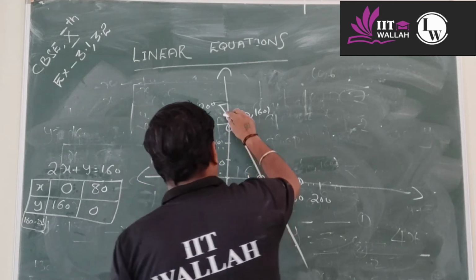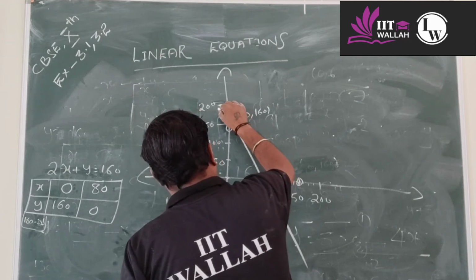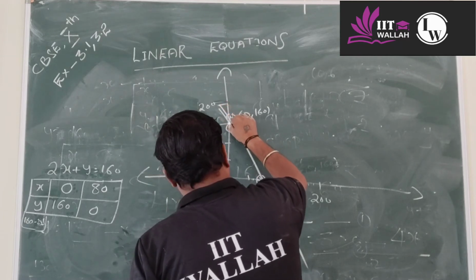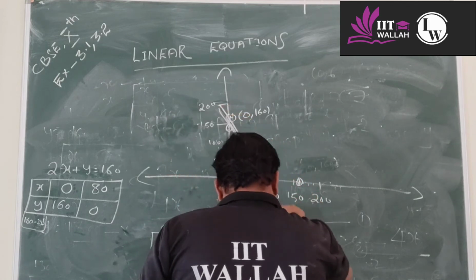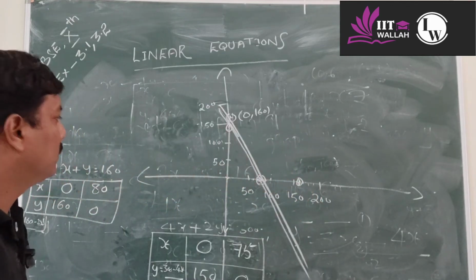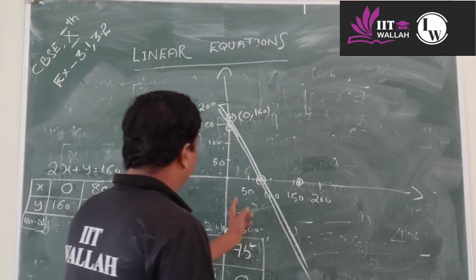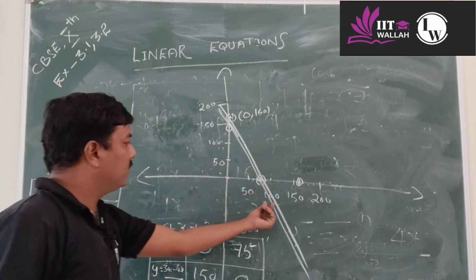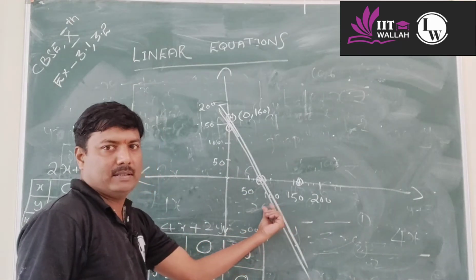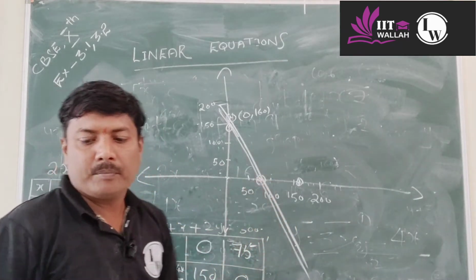So it is very, very near, it is coming like this. Okay. So these are different points. It does not coincide actually, but there is a small difference between this and this.